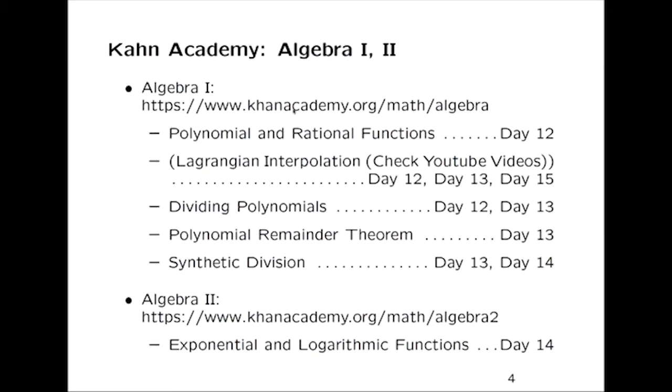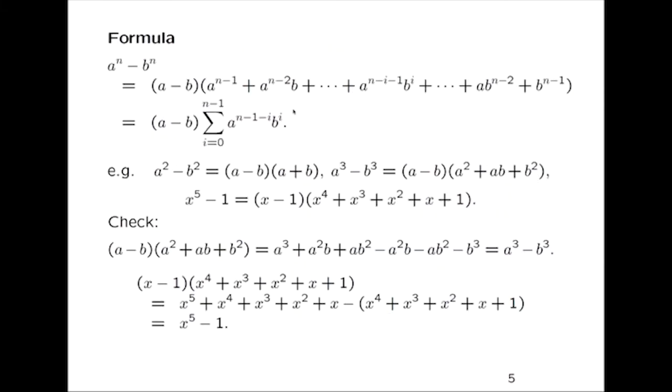So today we are going to discuss synthetic division. But before that, I just want to introduce one formula, which is also in the handout. That is a to the nth power minus b to the nth power equals this. Again, you have a summation, the sigma mark.